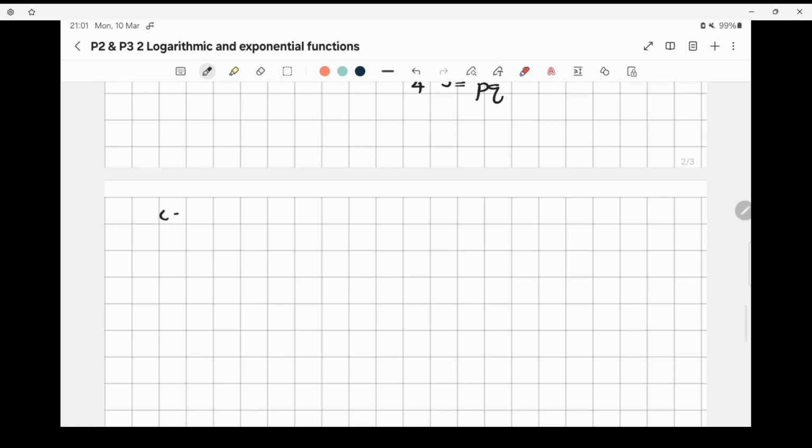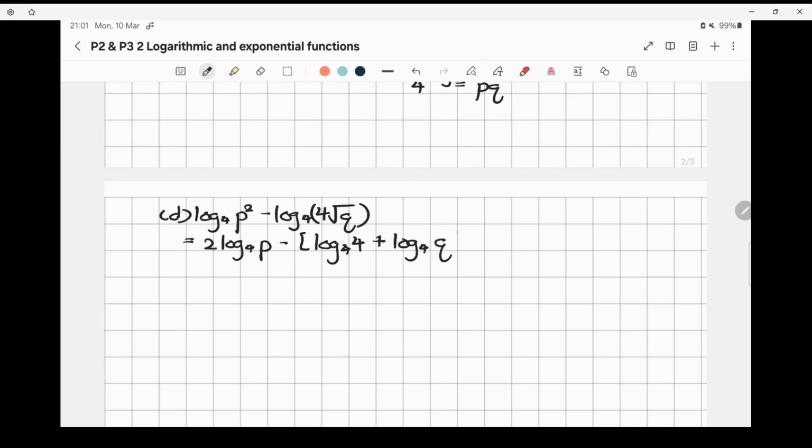So part D, log base 4 of p square minus log base 4 of the square root of q. So you need to be careful about the minus sign. So for the first part, that will be 2 log base 4 p minus log base 4 of q to the power half, which gives plus a negative.